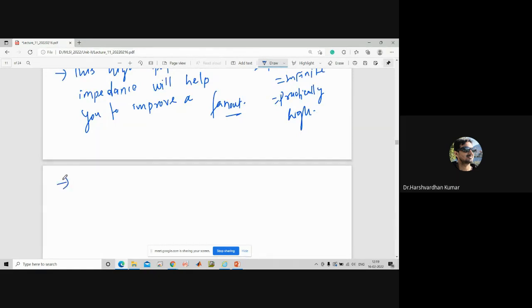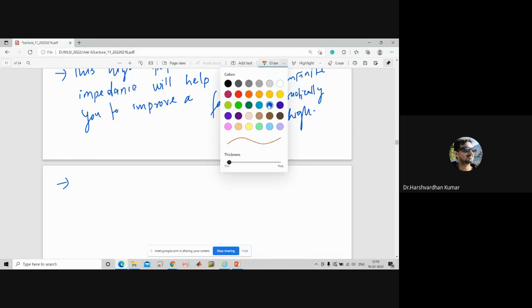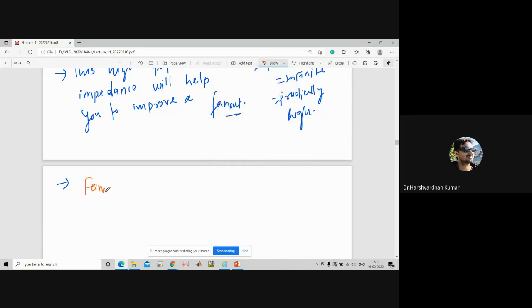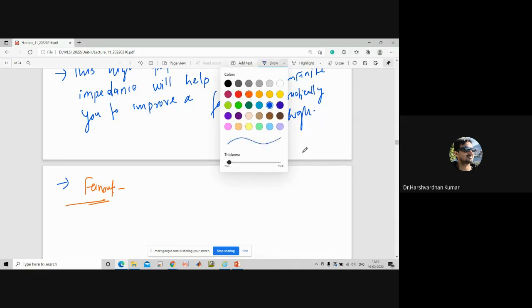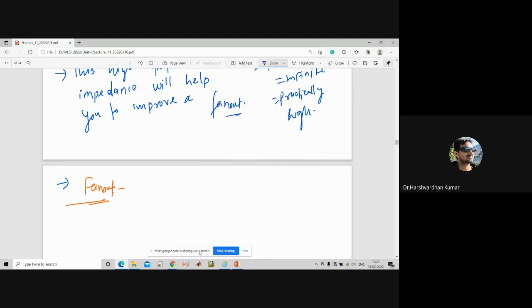You have studied the fan out in basic electronics, in the digital electronics unit, that is unit 4 and 5. So what do you mean by the fan out? Fan out is defined as the capability of a single device driving a number of such devices, right?